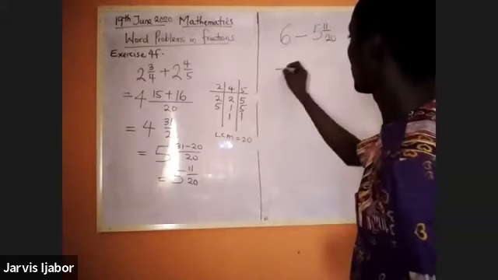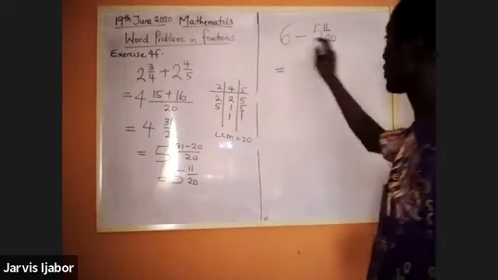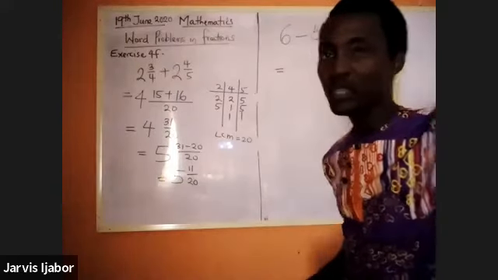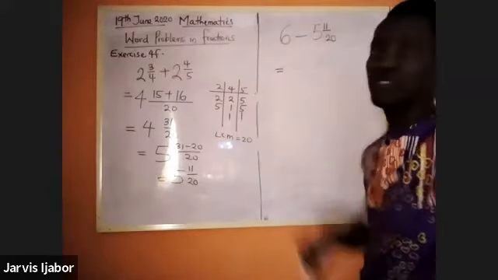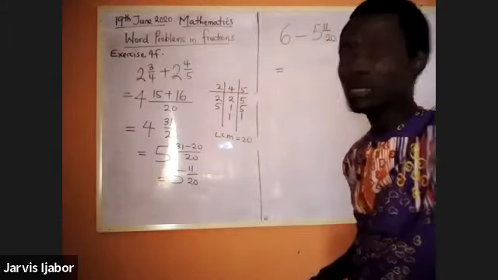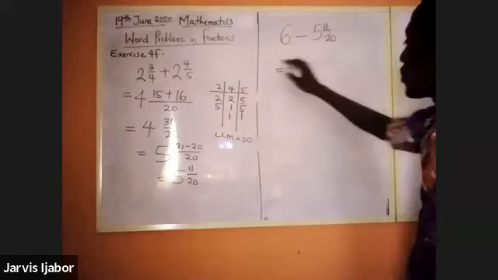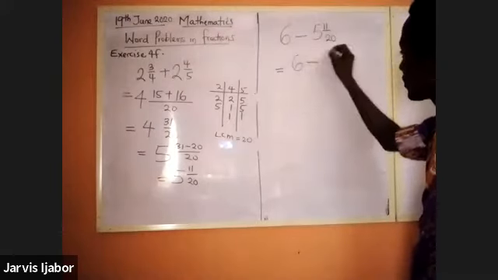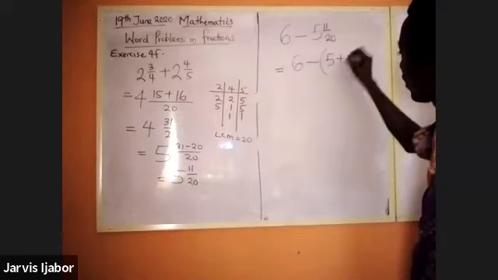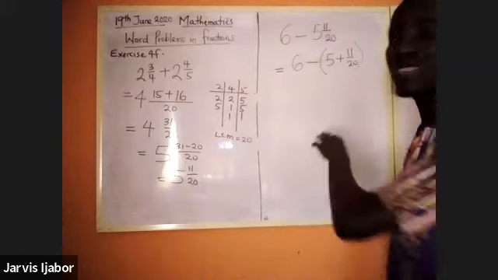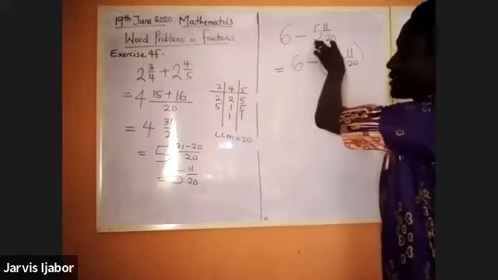Now, 6 minus 5 is 1. Please let's watch this one very well. I hope you know that what you have here is actually 5 plus 11/20. It's just a customized way of writing it.